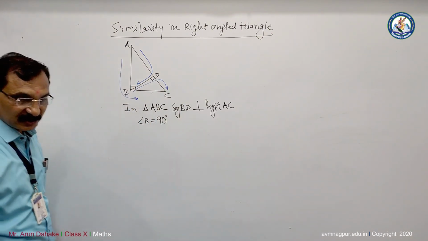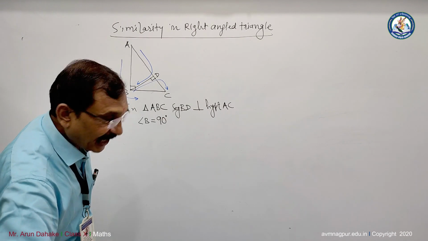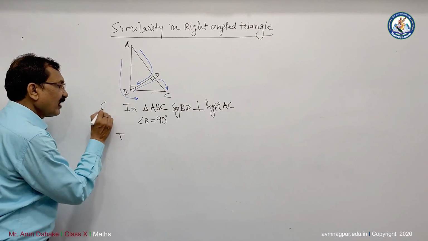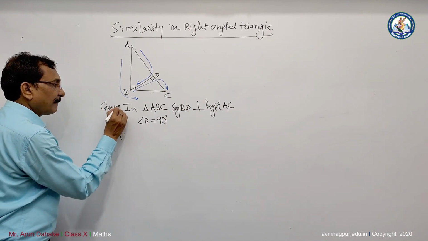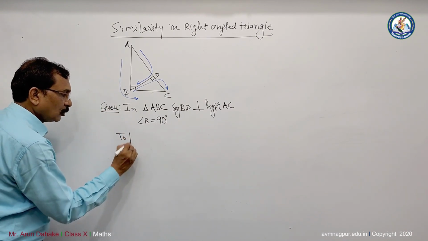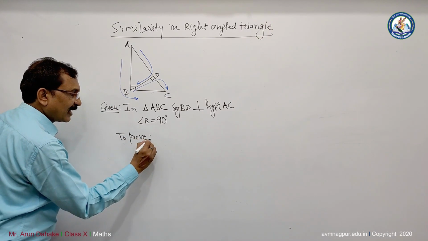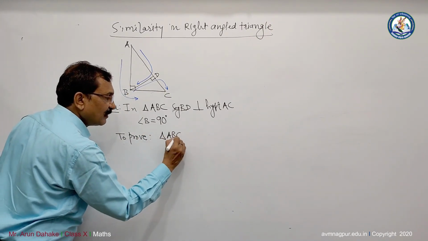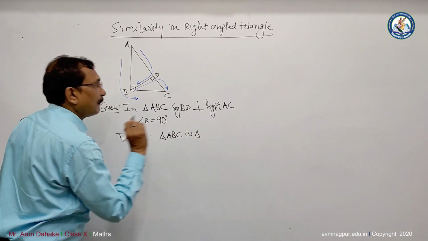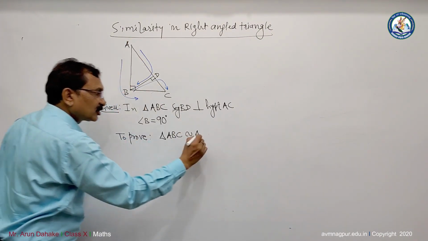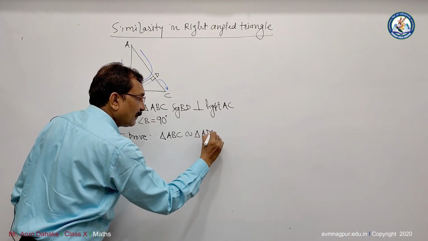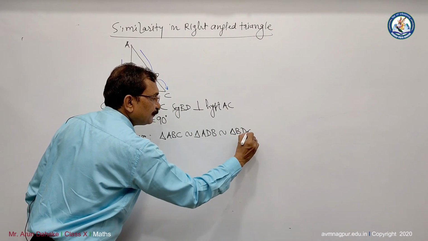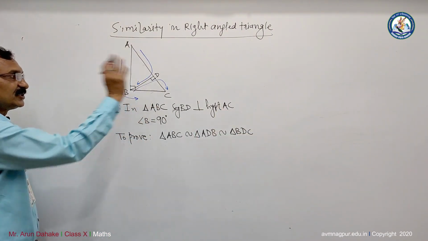See here, this figure is very important. You take the proper order of the triangles. This is given, and to prove is what? Triangle ABC is similar to triangle ADB, and similar to triangle BDC.